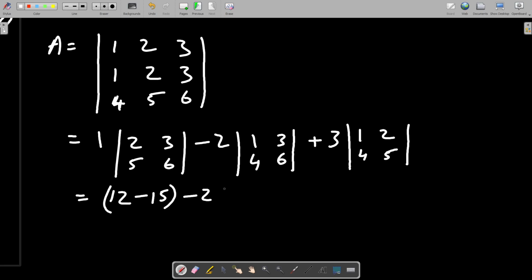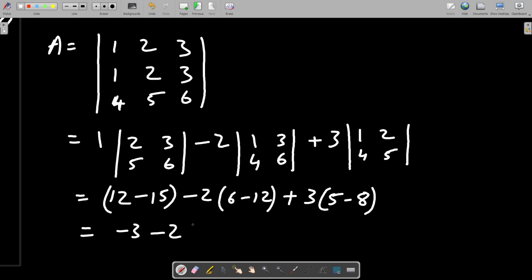Minus 2 times 6 minus 12. And this will leave me with 3 into 5 minus 8. So the first one contributes minus 3, second one contributes 2 into minus 6, and third one contributes 3 into minus 3.